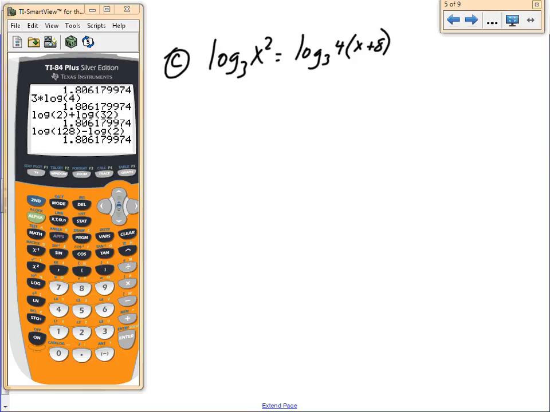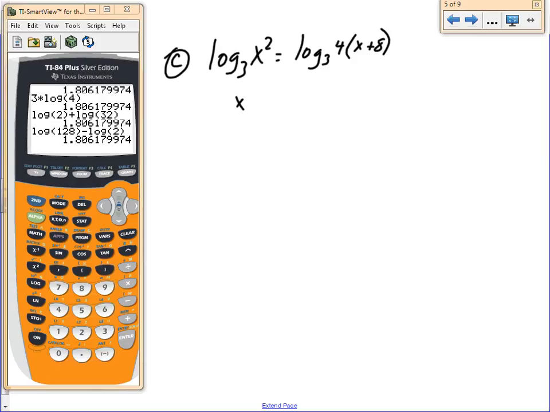What concerns me about this problem is that we still want to battle with it. I'm not going to ask you about log base 3 of x squared and log base 4 of something else, because they have to have the same base. Once they have the same base, I have logs on both sides, so now what can I do with the logs?